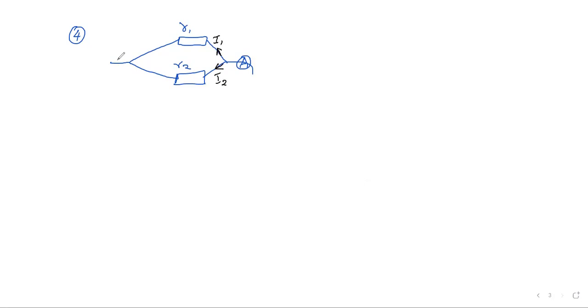When it comes here, the whole current, the total current, is I1 plus I2, meaning I1 comes this way, I2, they meet to make the I total there, which is I1 plus I2.